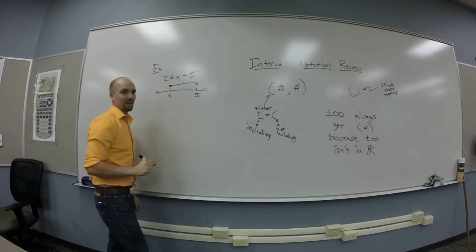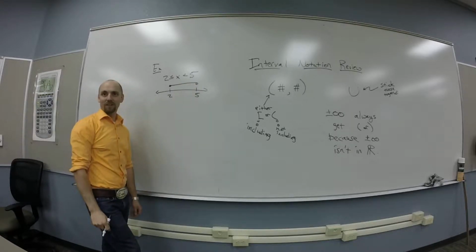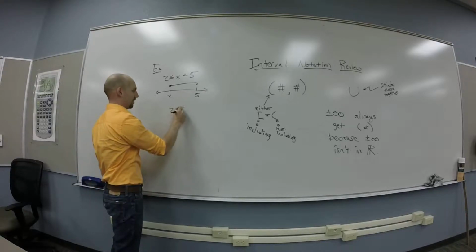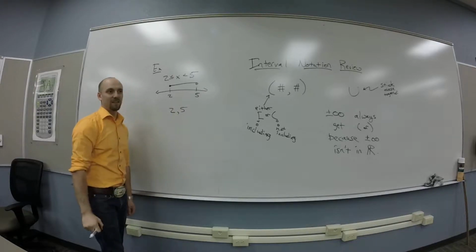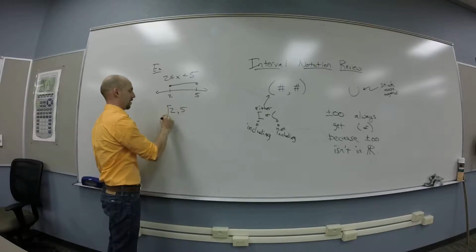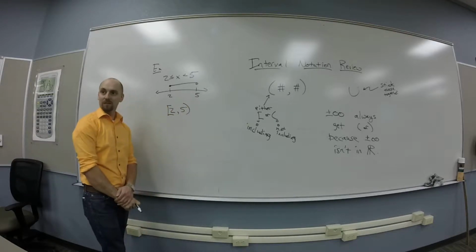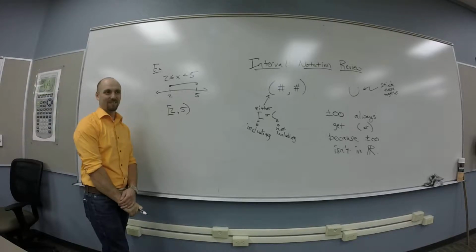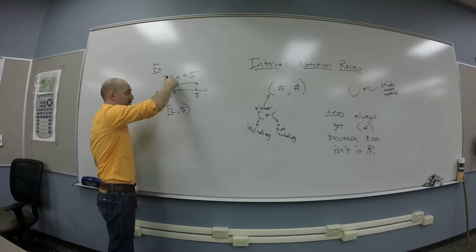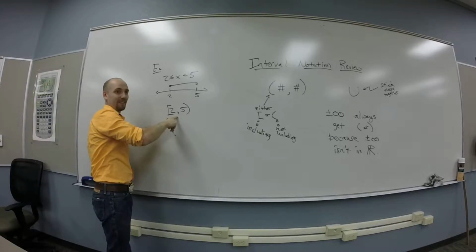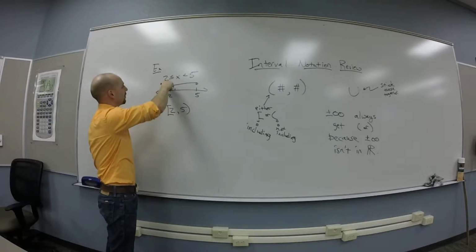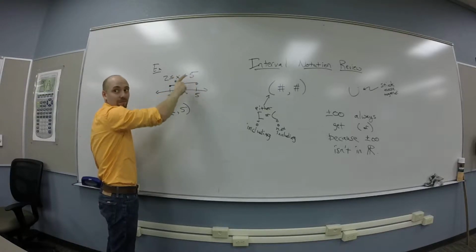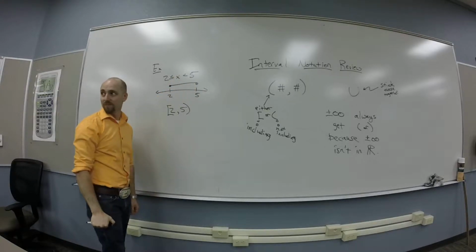So as an interval, you go 2 to 5, closed and then open. These aren't so bad, right? Really, I could jump directly from this to this, by saying it starts at 2, includes that one, goes to 5, doesn't include that one.